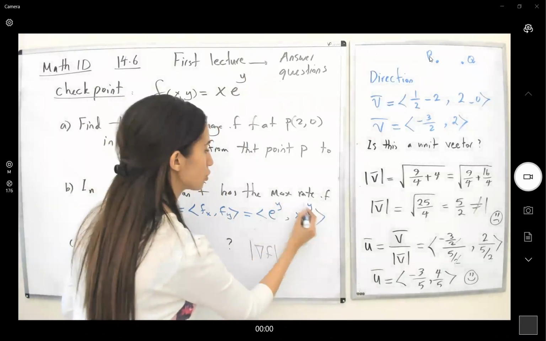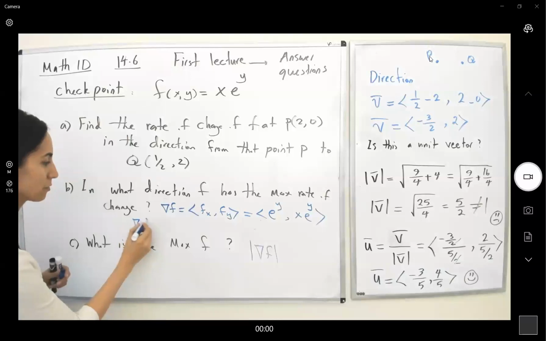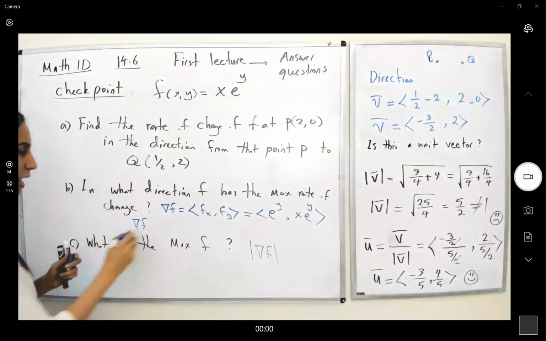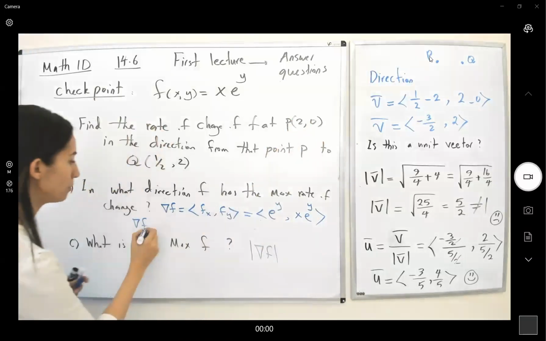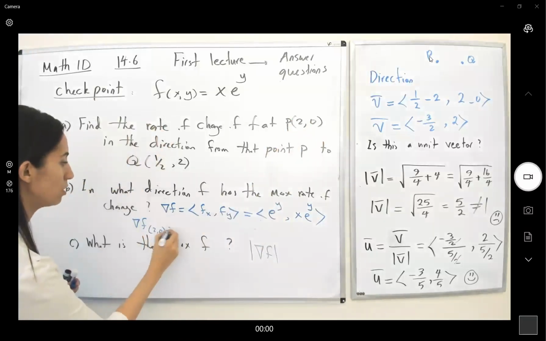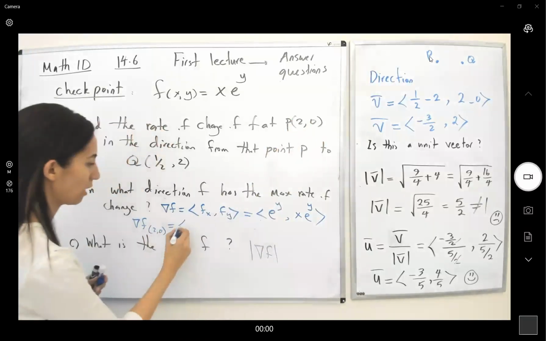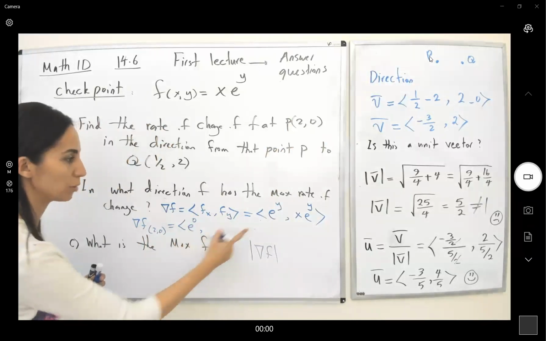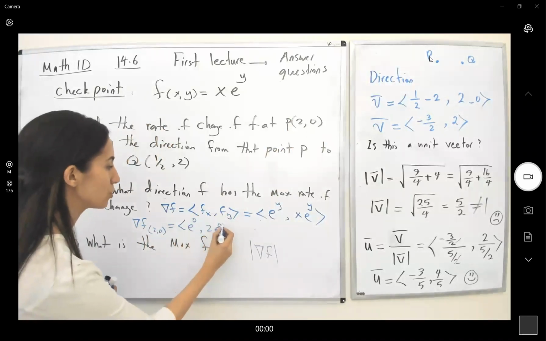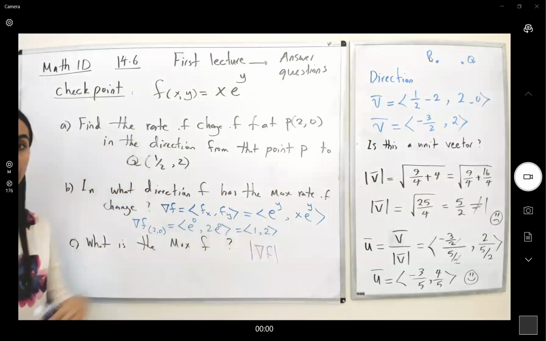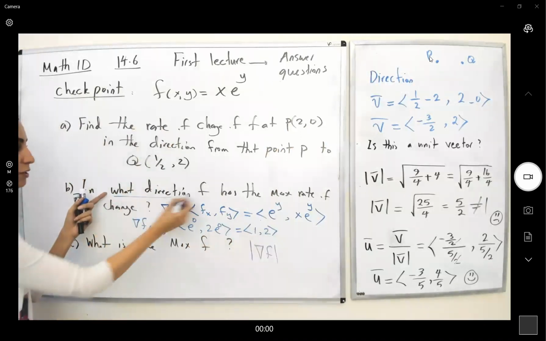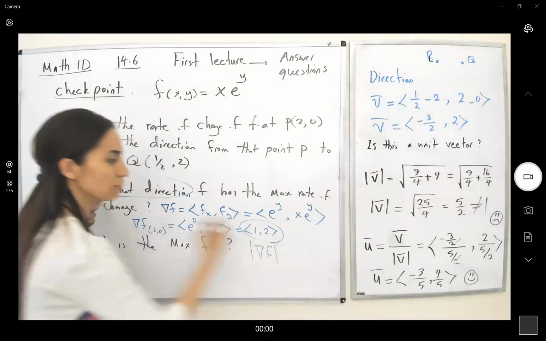Very well. So my gradient at the given point, which is (2, 0), gives me e to 0, comma, 2 times e to 0, which is (1, 2). This is my direction.